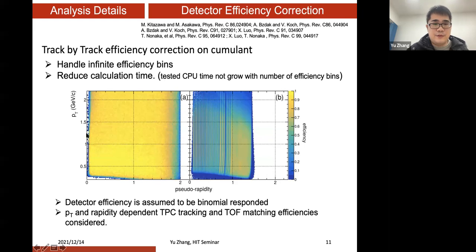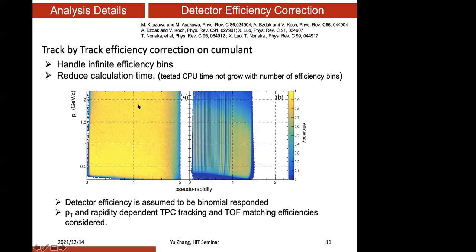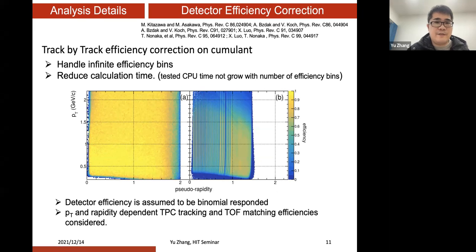For example, you can see the middle plot, which is efficiency as a function of pT versus pseudorapidity. The left-hand side is the TPC tracking efficiency, and the right-hand side is the TOF matching efficiency.